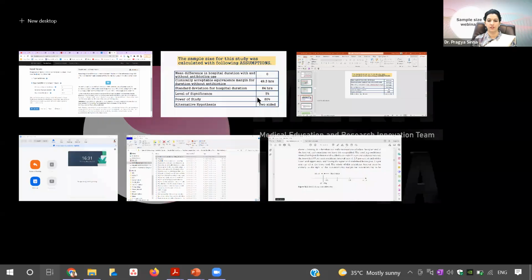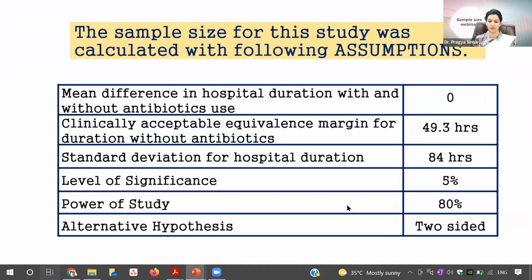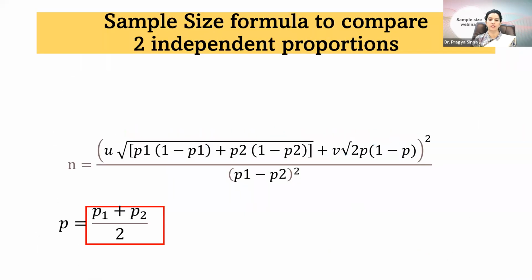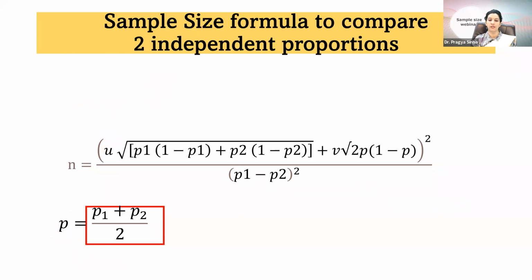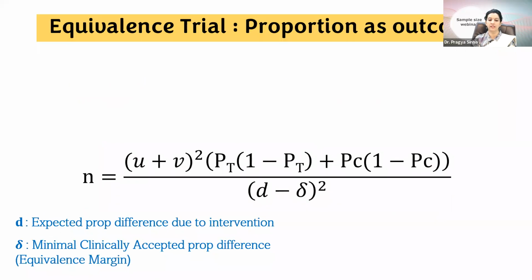So now we'll go back, and for dichotomous outcome, this is the common approach. People use the equality, but we are going to use the recommended one, which is taking this minimally acceptable difference, which we have discussed.